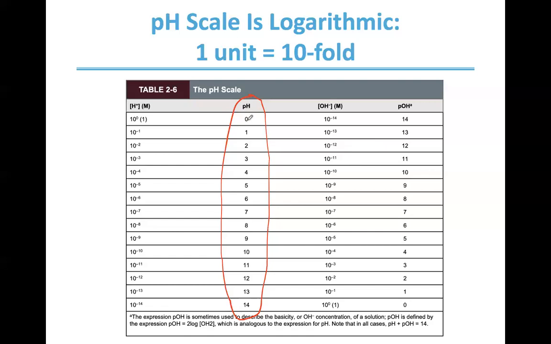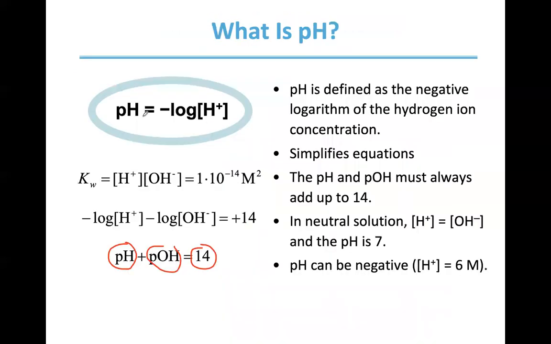And the reason for that is because it's a negative log, right? If this number is higher, then a negative log makes the pH smaller, and vice versa. But because it's a log, it's in orders of magnitude, right? So 1 unit of pH is 1 order of magnitude of the concentration of protons.